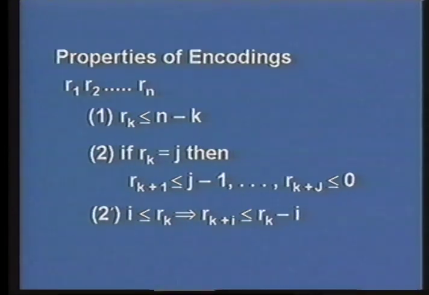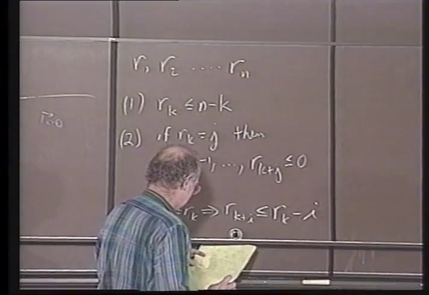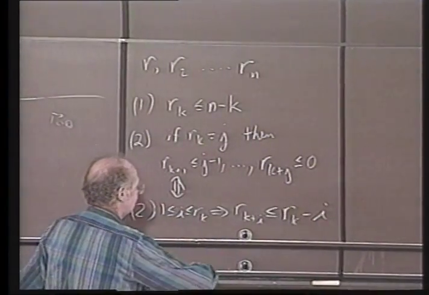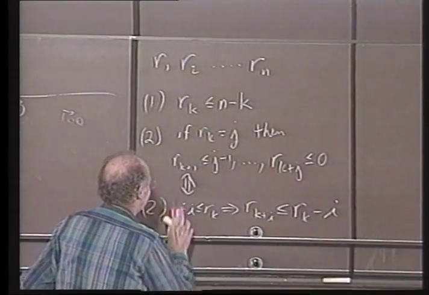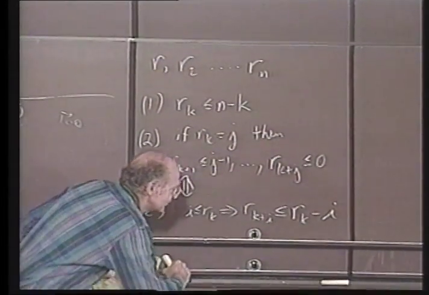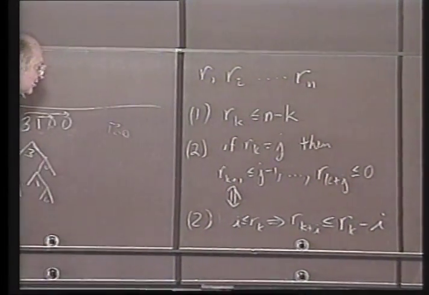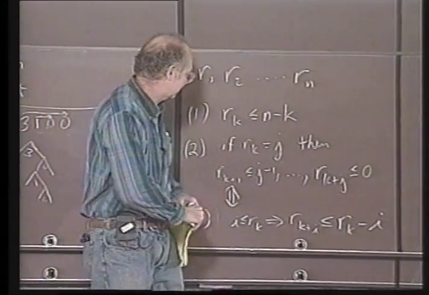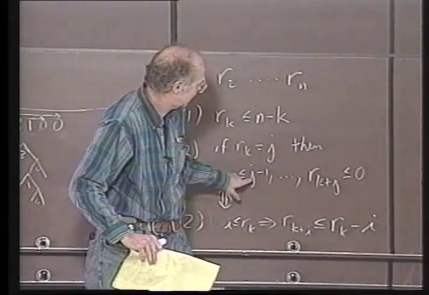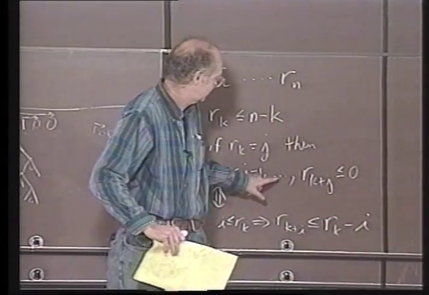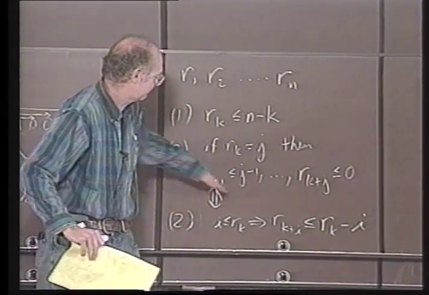And I might as well forget the lower bound because it works for i equals 0 as well. So this is the condition that R(k+1) is less than or equal to R(k) minus 1, R(k+2) is less than or equal to R(k) minus 2, and so on, going up to that.